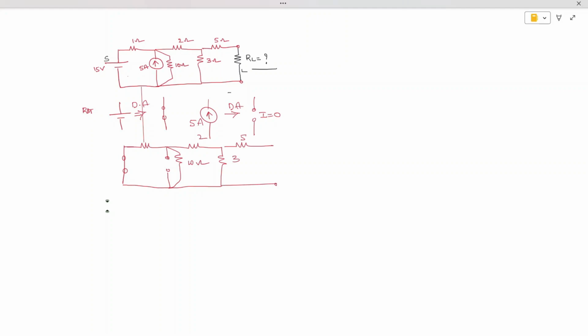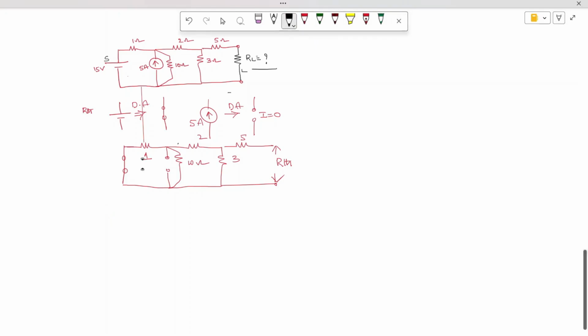We need to find RThevenin from the open-circuited load terminals. Here you can see this is 1 and 10.